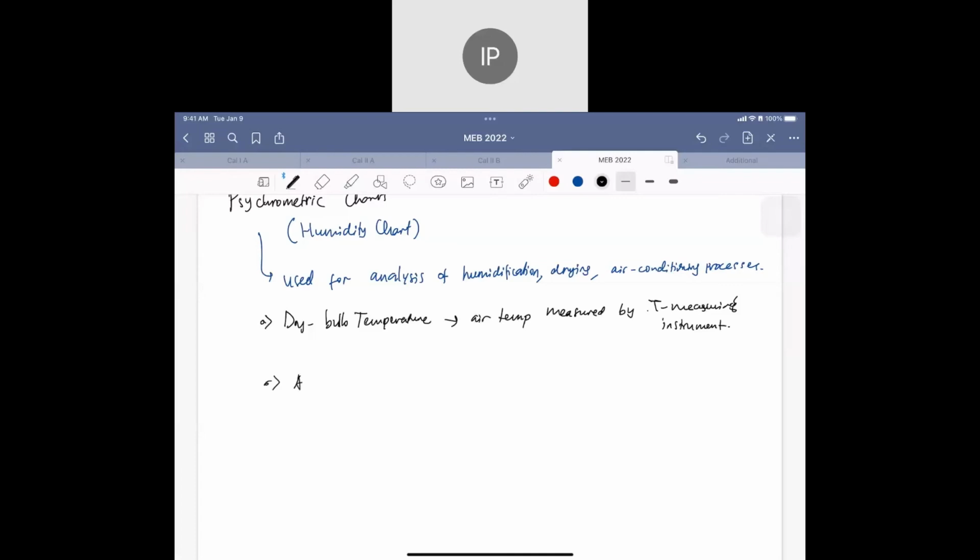The second is absolute humidity. Sometimes we call this HA. This is in kilogram vapor over kilogram of DA, or dry air. So how much water is in the dry air? You could also call this moisture content.